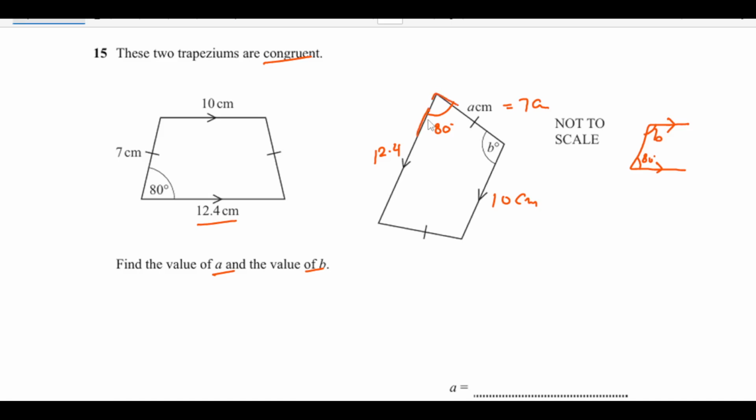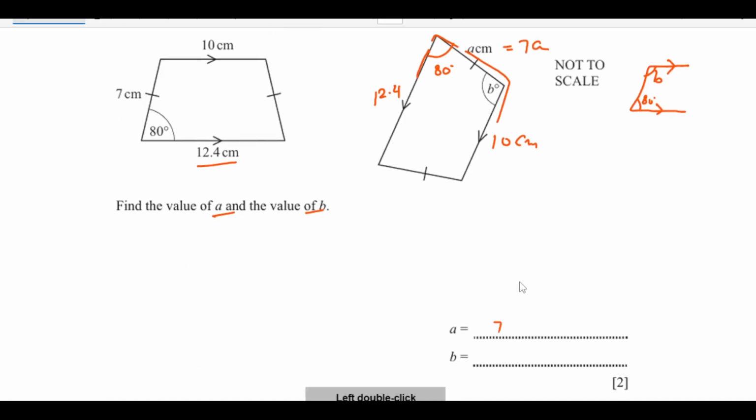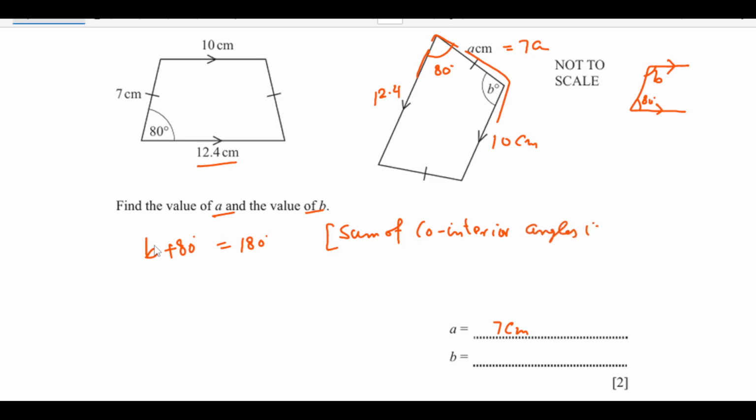So B plus 80 degrees is going to be 180, because the sum of co-interior angles is 180 degrees, right? So B is 180 minus 80 degrees, that is 100. So the value of B is 100 degrees.